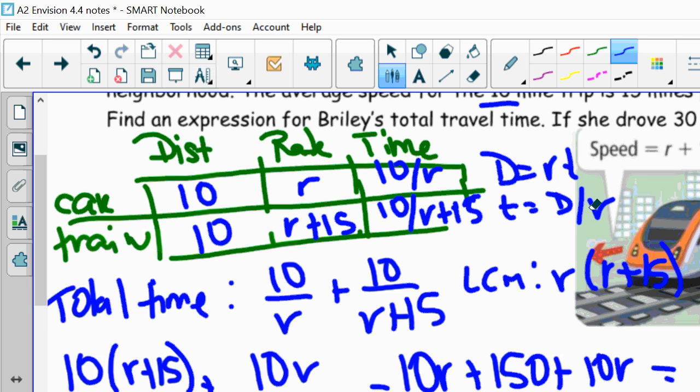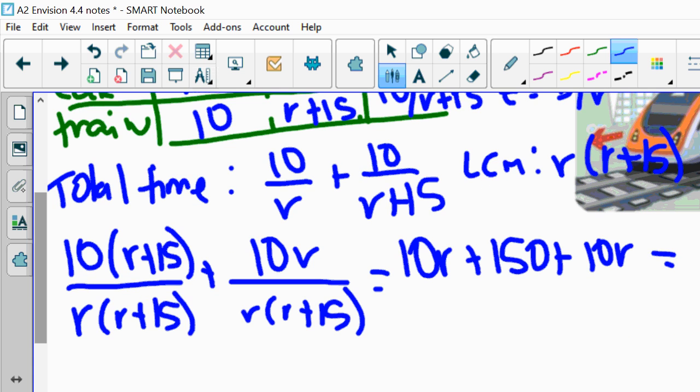There's our equation. Now it says, if she goes 30 miles per hour, how long did this take? That's our rate. So the rate at 30 is going to equal 10 times 2 times 30 plus 15, all over 30 times 30 plus 15.